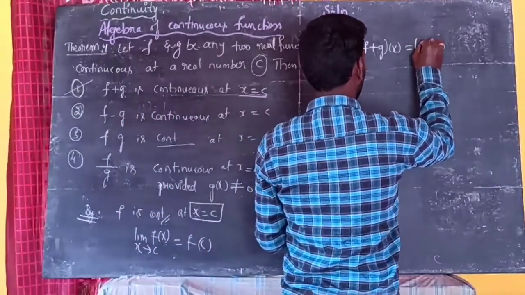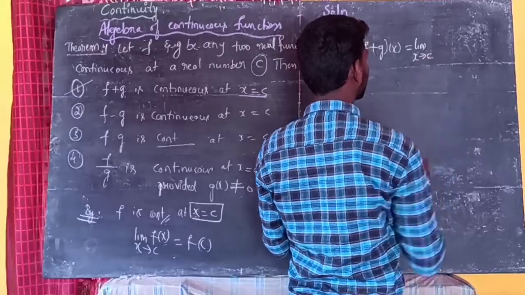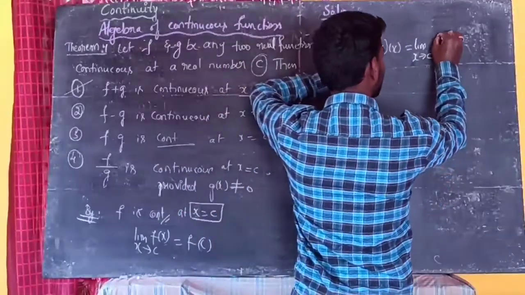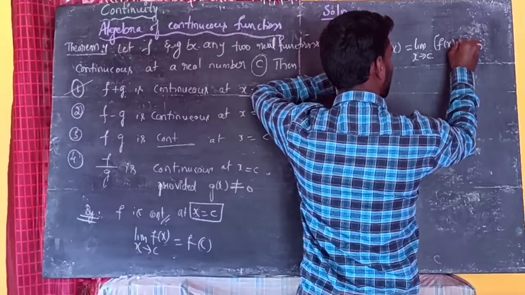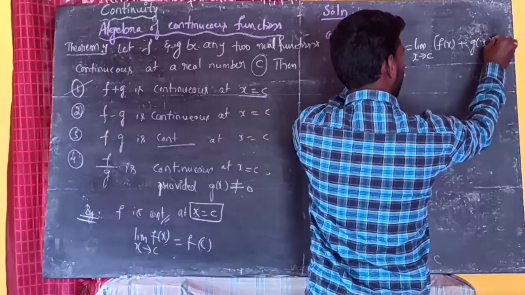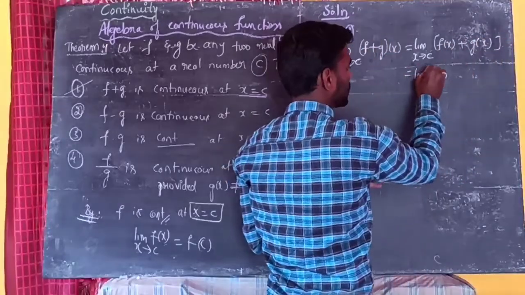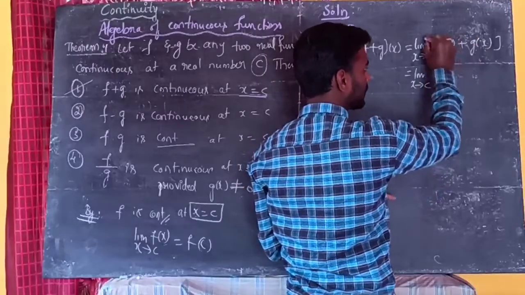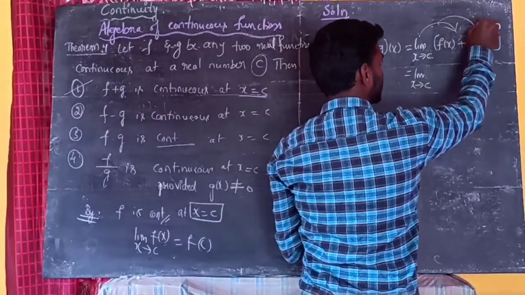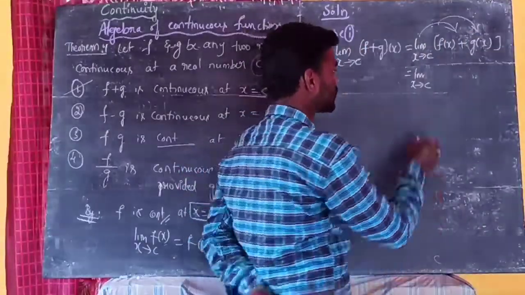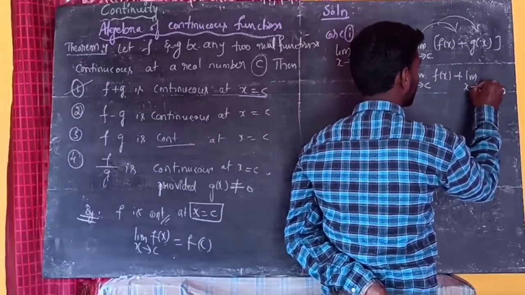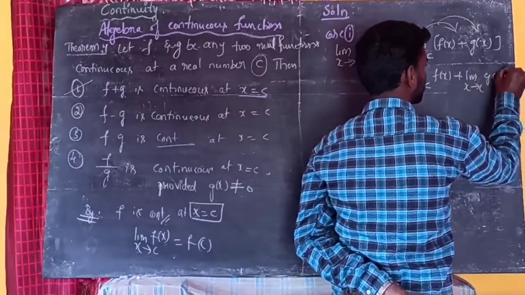Observe, guys: limit as x tends to c of (f plus g)(x) can also be written as f of x plus g of x. By algebra of limits, this can be split into two limits: limit as x tends to c of f of x plus limit as x tends to c of g of x.